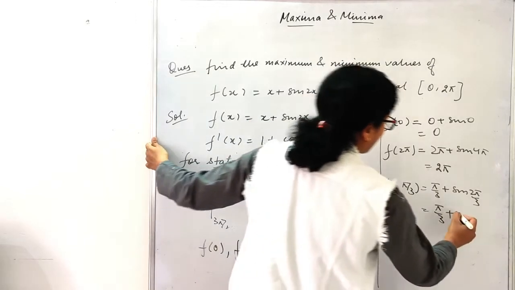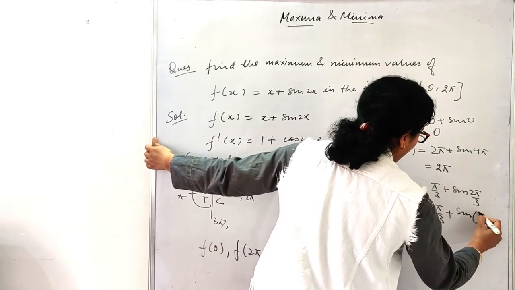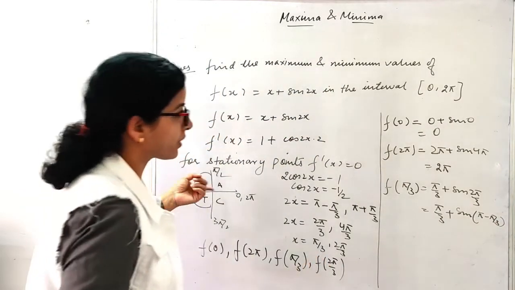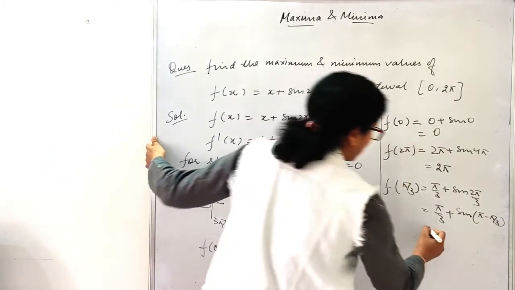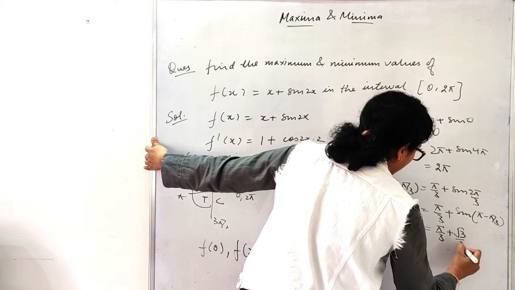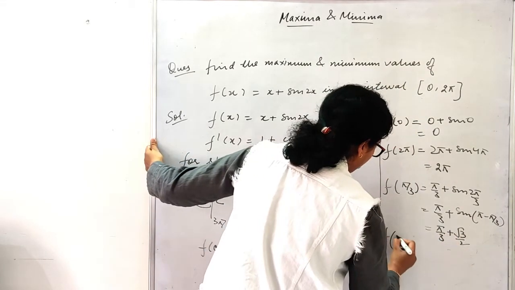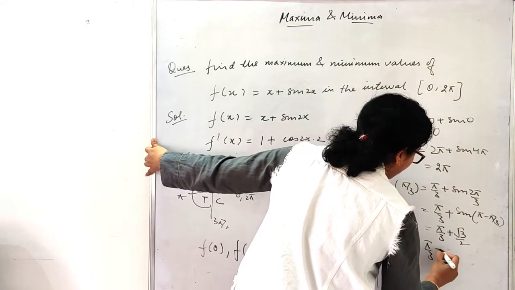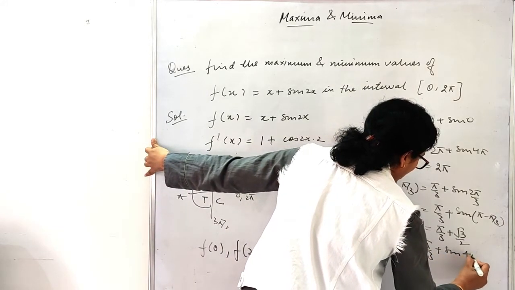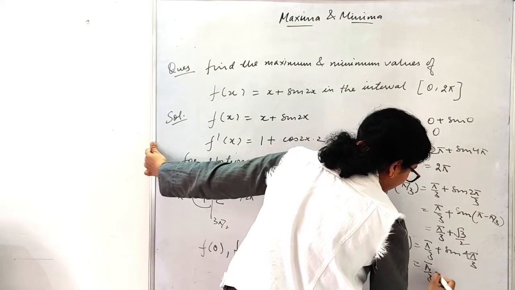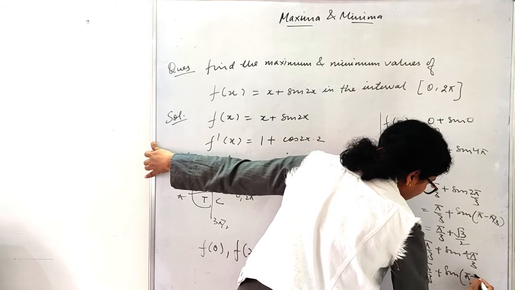What will be the value of sin 2pi/3? Sin(pi minus pi/3), sin(180 minus theta). In the second quadrant, sine is positive, right? So the value will be pi/3 plus root 3/2. And f(2pi/3) is 2pi/3 plus sin 4pi/3. What does that mean? 2pi/3 plus sin(pi plus pi/3).